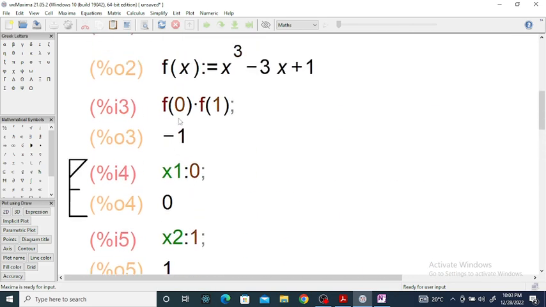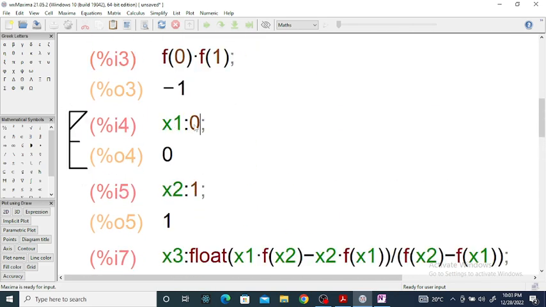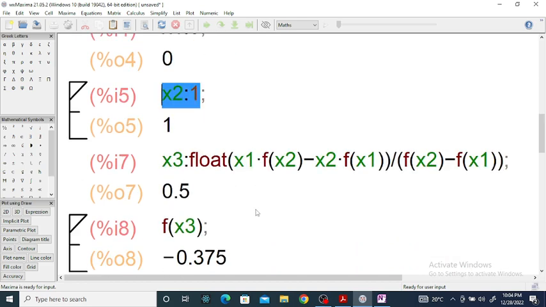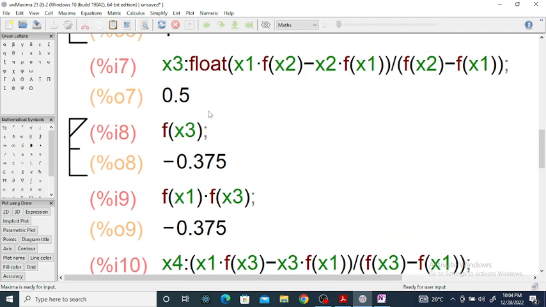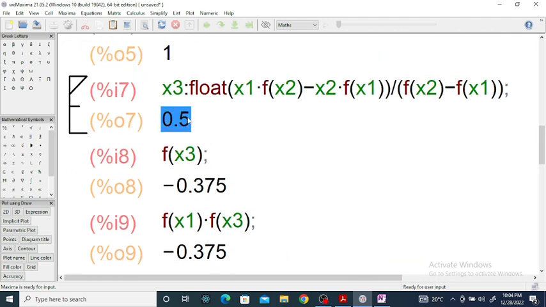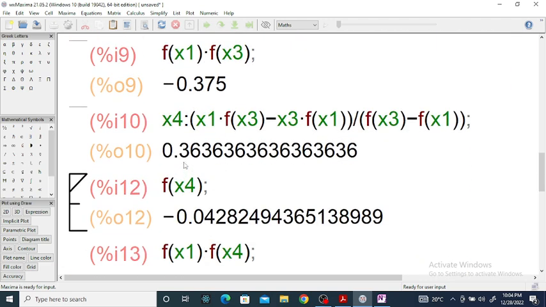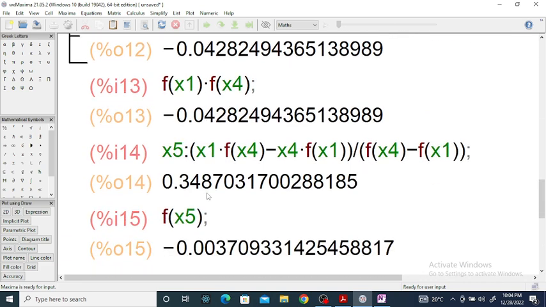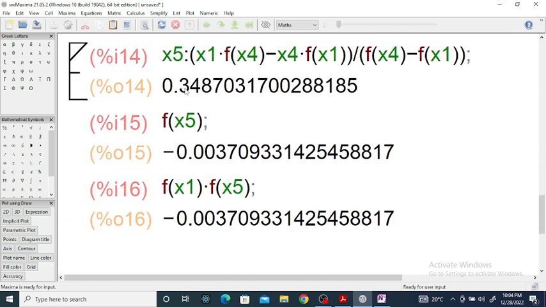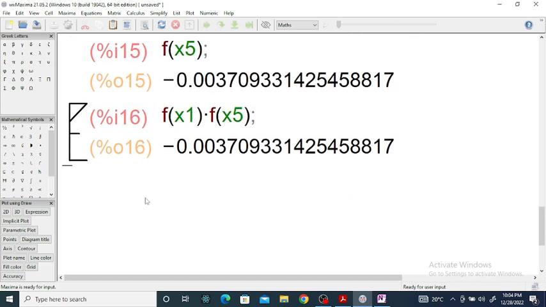In the first step, our root lies between 0 and 1. Next between x1 and x3, that is 0 and 0.5. Next 0 and 0.36, and now it is 0 and 0.3487.